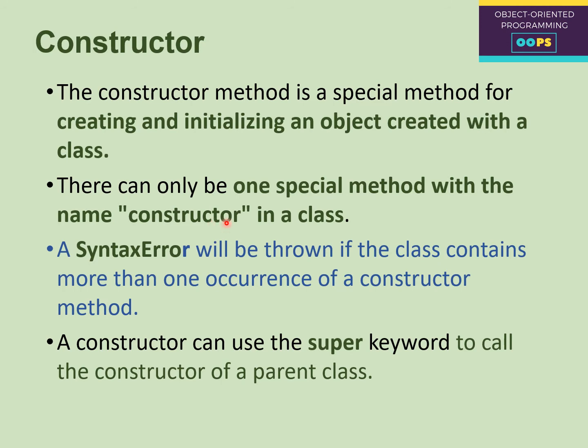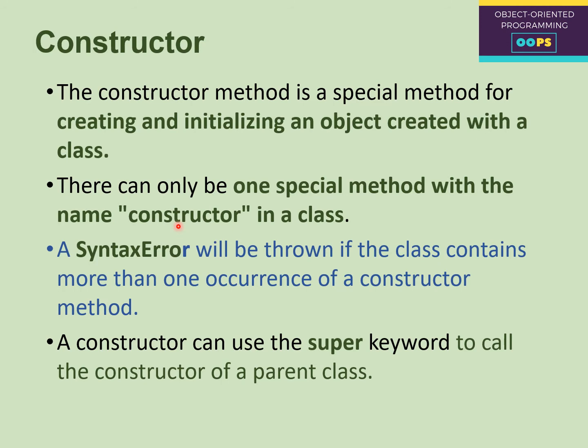In other programming languages, this constructor function has the same name as that of a class. At the same time, we can specify different types of constructors like default constructor, parameterized constructor, copy constructor. So many variations are there.